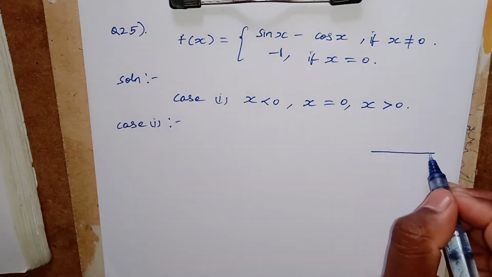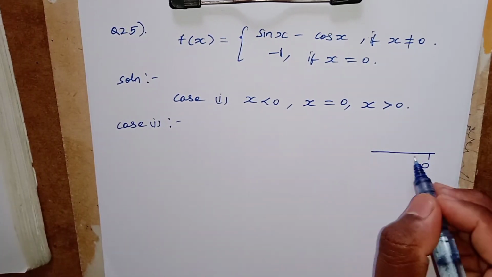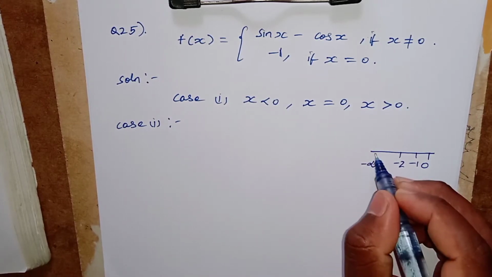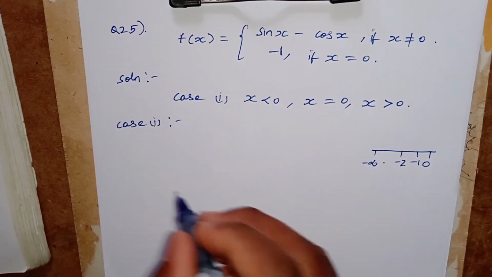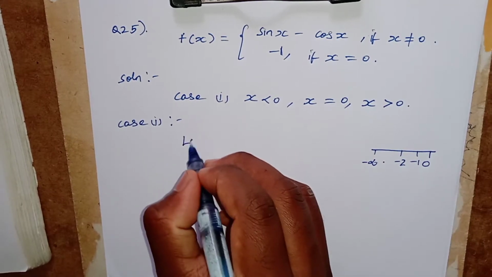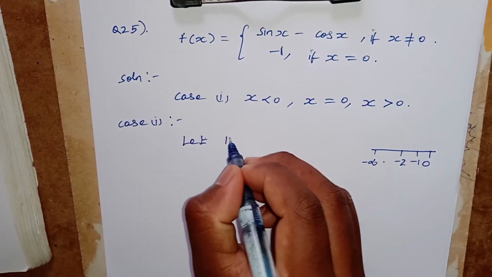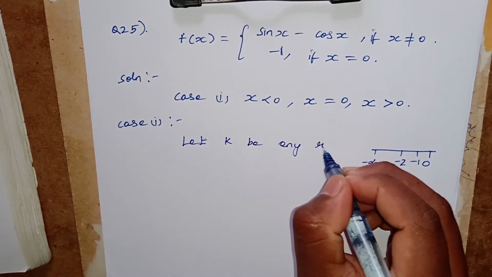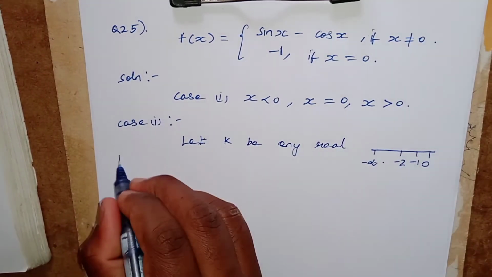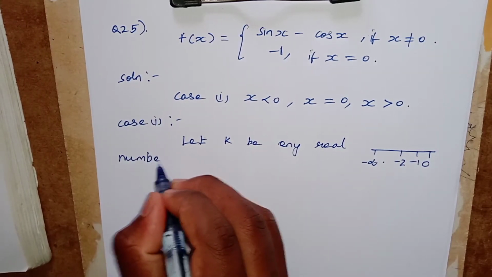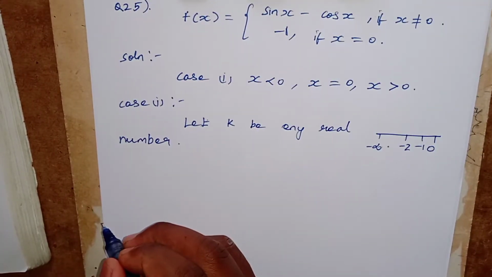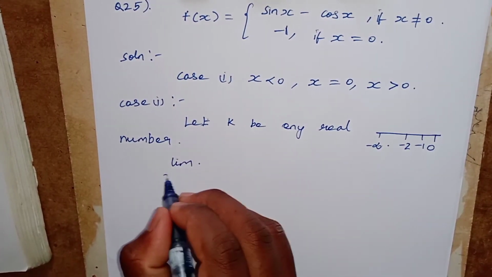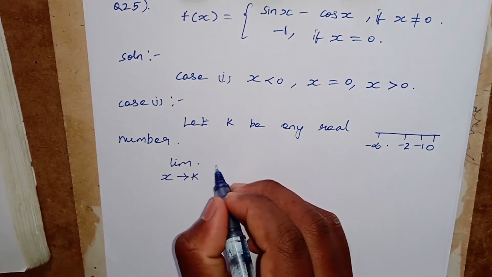Therefore first of all I am taking case 1. Less than 0 means 0, minus 1, minus 2, up to minus infinity, you can take any value. Therefore let k be any real number. First, limit x tends to k of f of x.